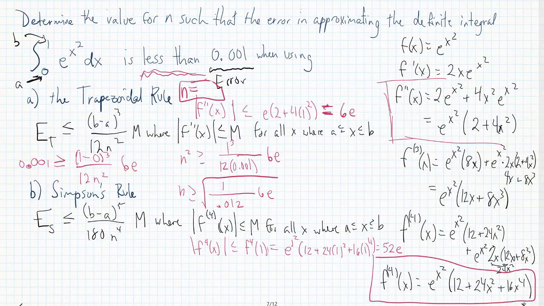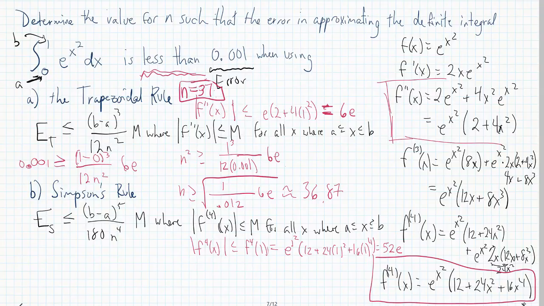Okay, so 12. And so now this answer, which is the correct answer, is 36.87 essentially. So that means when we round up to the next whole number, you get n equals 37.